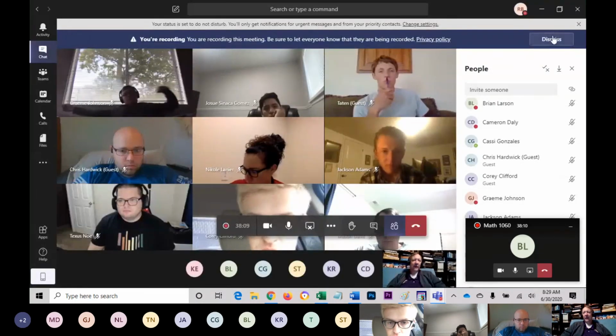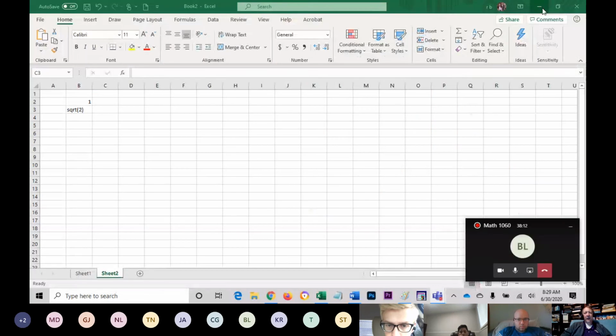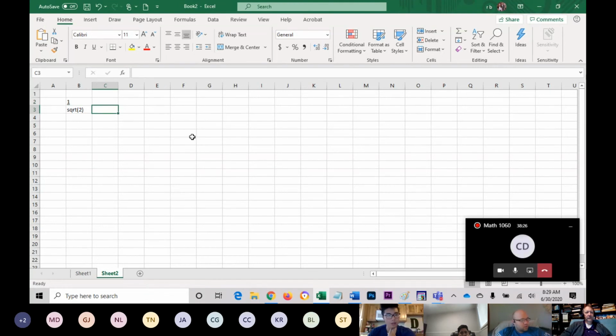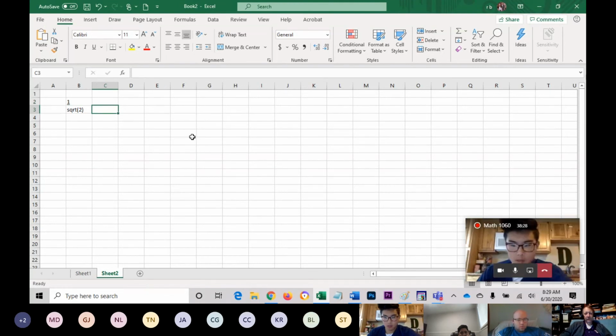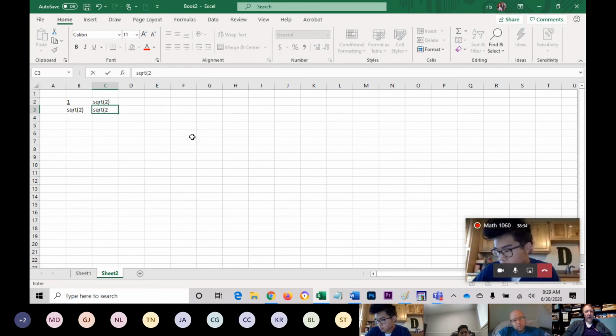Cameron Daly, do you remember how to rationalize the denominator? Times the top and the bottom by the square root? That's correct. So we're going to multiply top and bottom by the square root of 2.